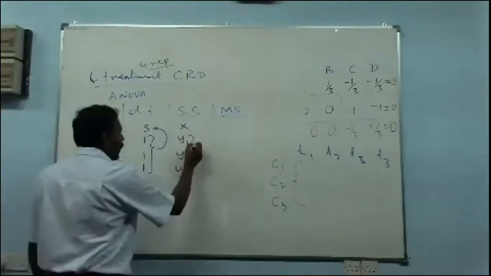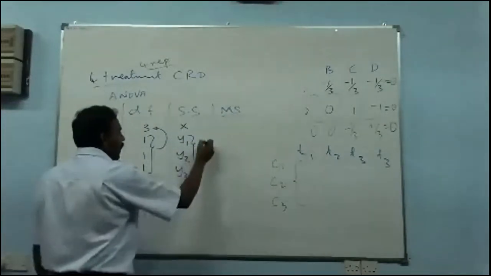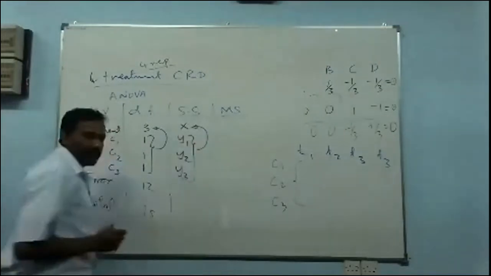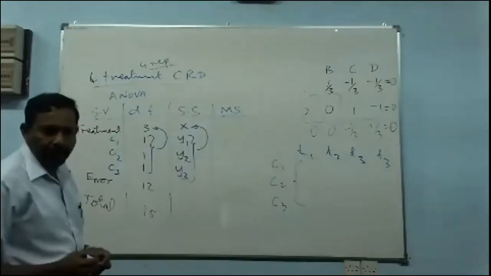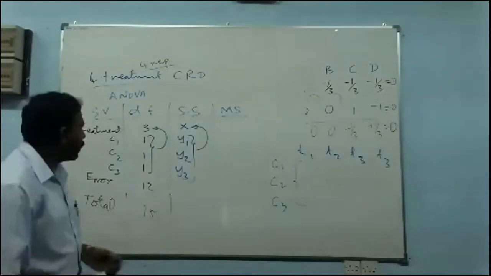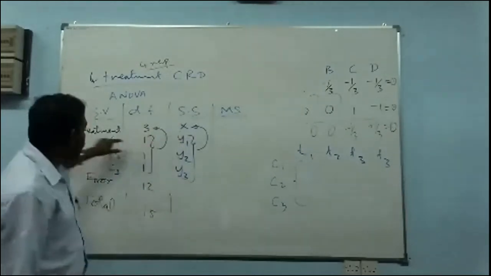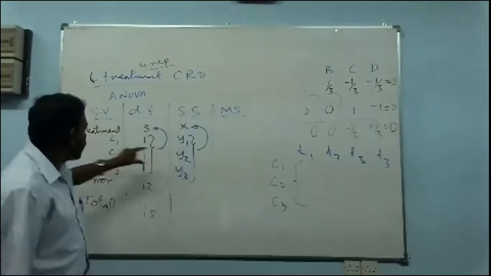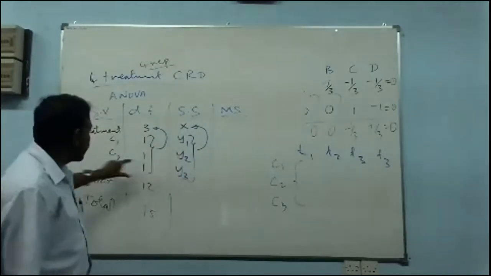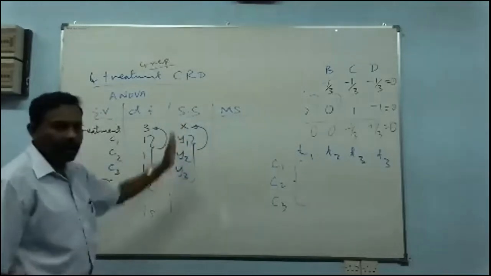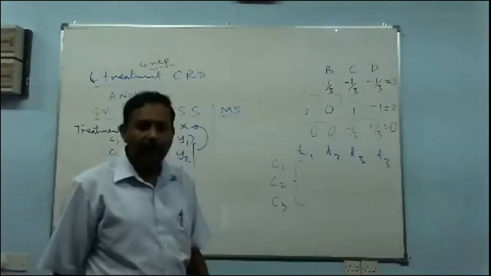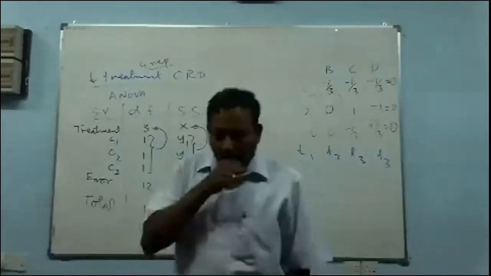If you add all these sums of square, it is equal to X. Clear? So if you add the sums of square of contrast 1, contrast 2, and contrast 3, that is equal to the treatment sums of square.